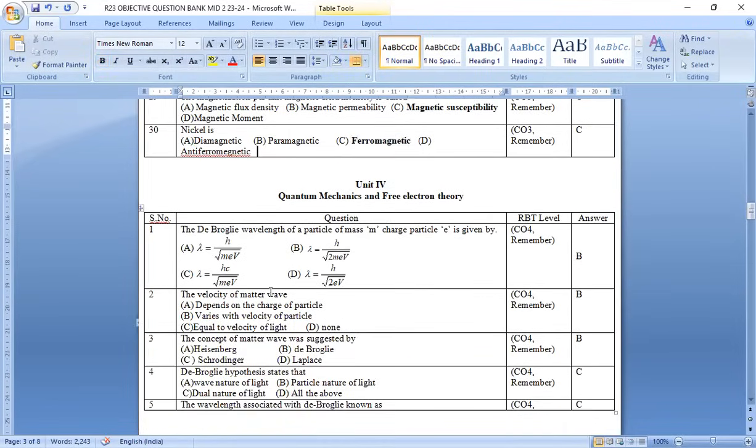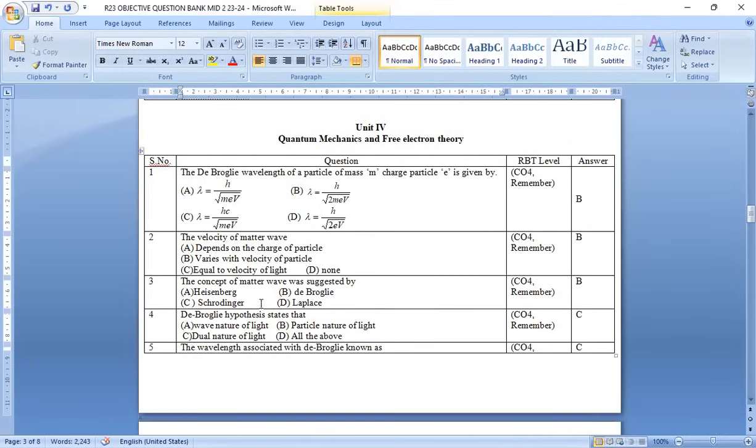Now coming to the model objective questions in unit 4. The de Broglie wavelength of a particle of mass m and charge e is given by lambda equal to h by root over 2meV, option B is the correct answer. The velocity of matter wave varies with the velocity of the particle.